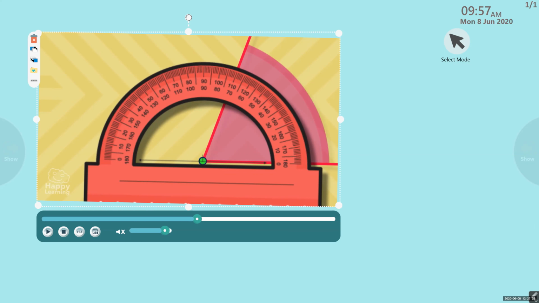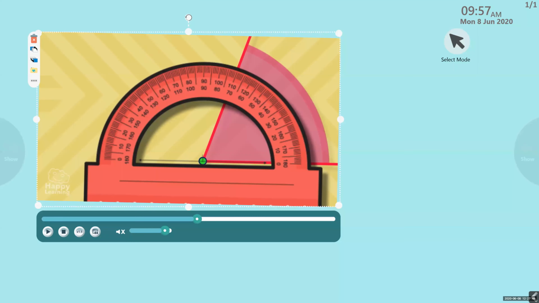Now look at this. Can all of you see the vertex and the base? This is the vertex of the angle, and we will keep our protractor in such a way that the center is placed on the vertex, and the baseline is placed on the arm of the angle.